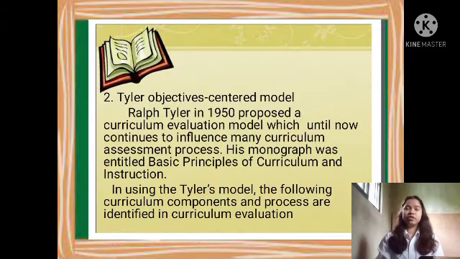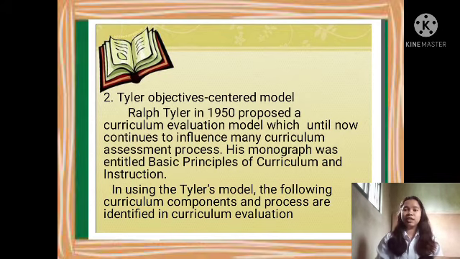The second curriculum evaluation model is the Tyler Objective-Centered Model. Ralph Tyler in 1950 proposed a curriculum evaluation model which until now continues to influence many curriculum assessment processes. His monograph was entitled Basic Principles of Curriculum and Instruction.